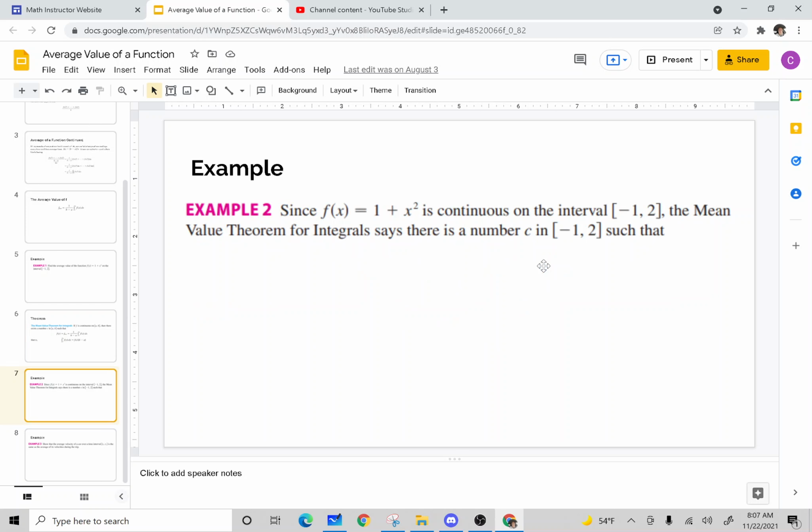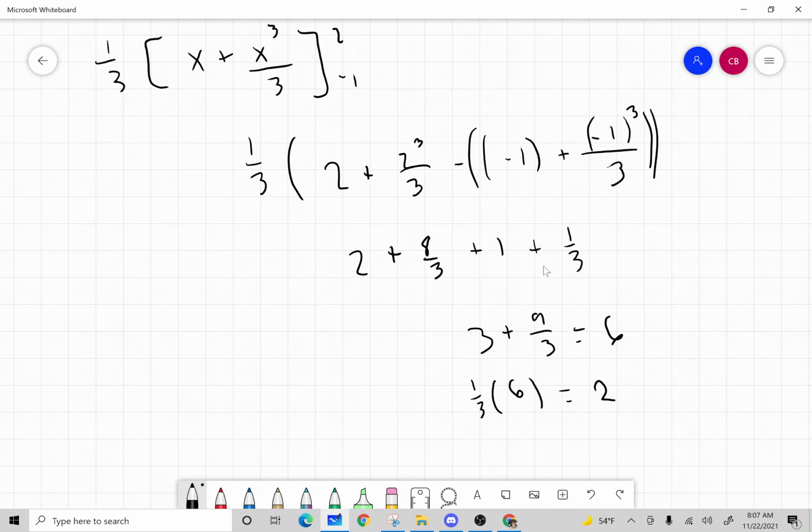Since they're giving you a problem, f of x is equal to 1 plus x squared, I think this is from the last equation, and it's continuous on the interval. The mean value theorem says there's a number c in the closed interval negative 1 to 2 such that all of the other stuff holds true.